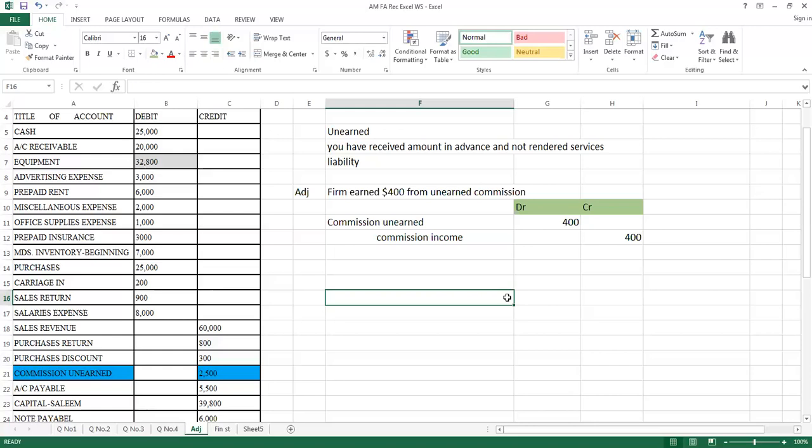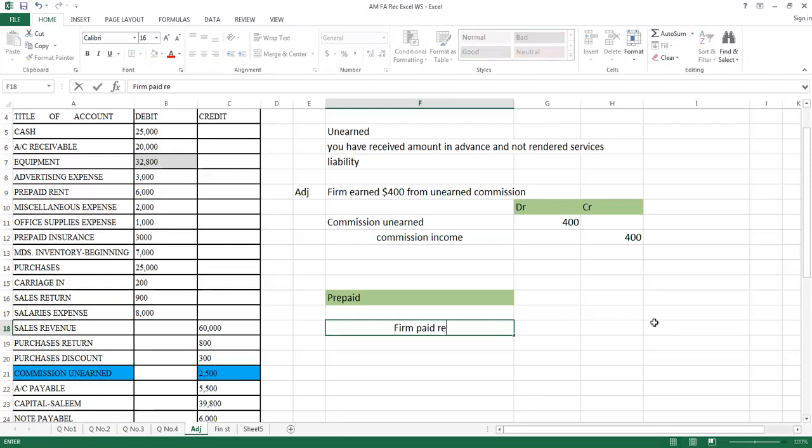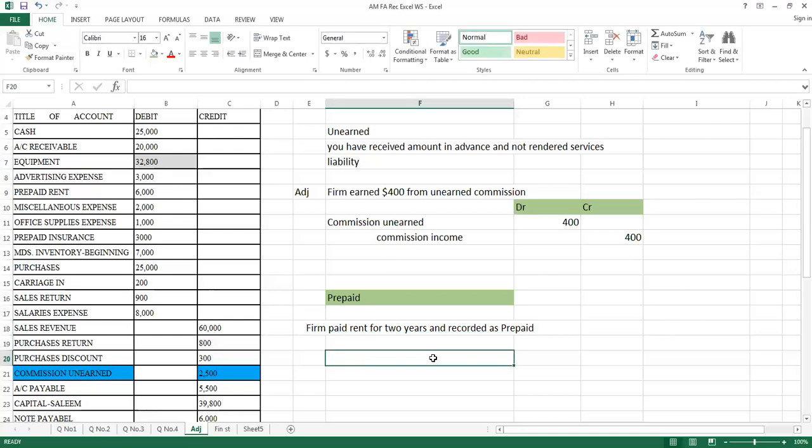Another condition is related to prepaid, and I am giving you a revision here. Sometimes it is possible that your question is giving you information like this: the firm paid rent for 2 years and recorded it as prepaid.